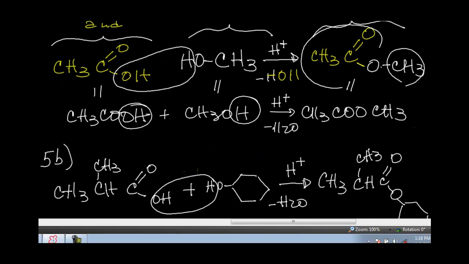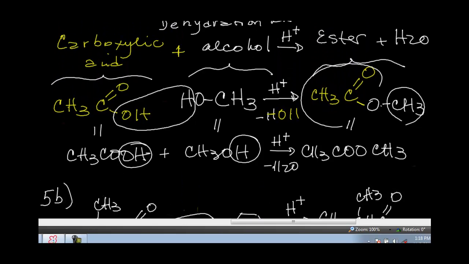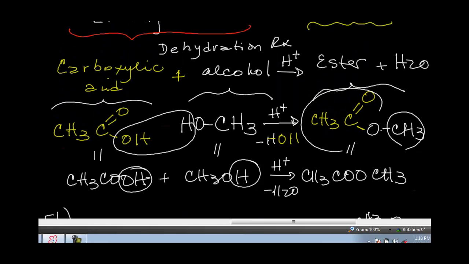So if we call it formation of an ester, the reaction between a carboxylic acid and an alcohol, if I go back, if I'm going to go this way, I'm going to hydrolyze an ester, what am I going to form? An alcohol and a carboxylic acid. Okay, so my next section is going to be hydrolysis of esters.